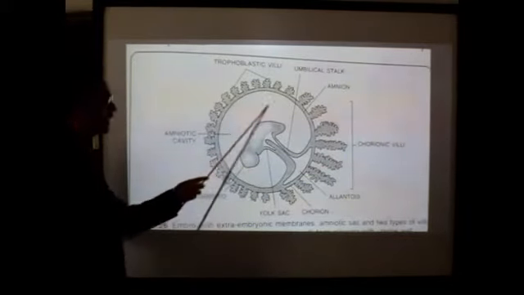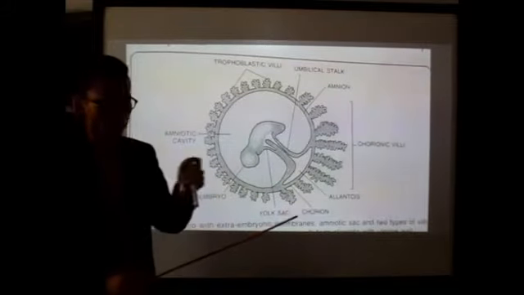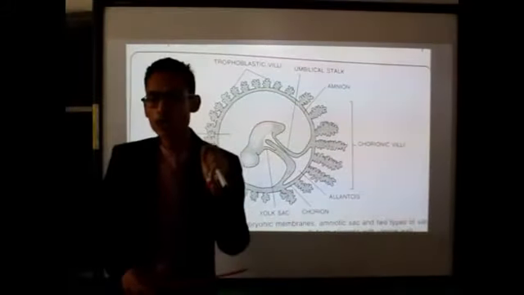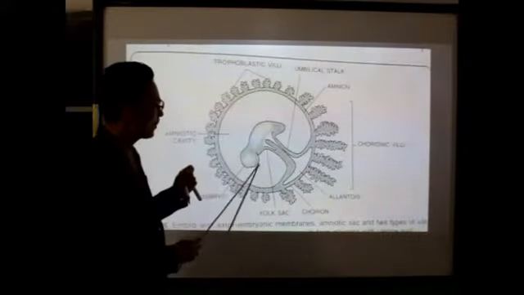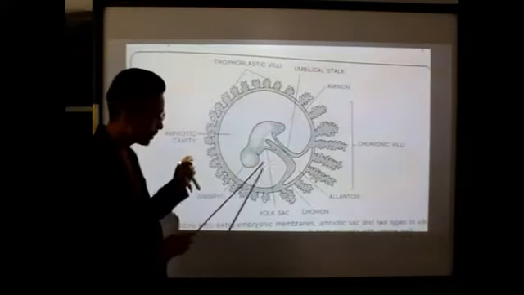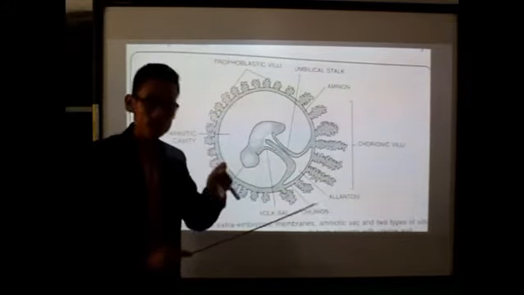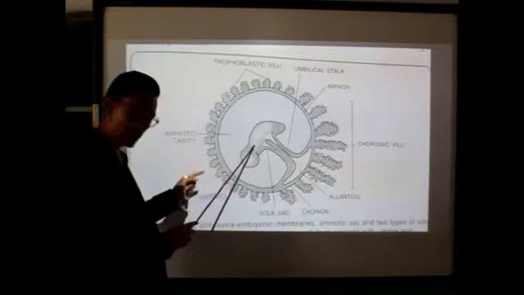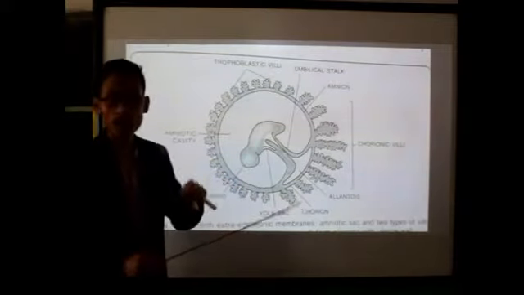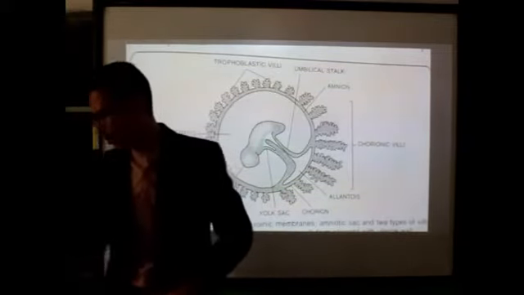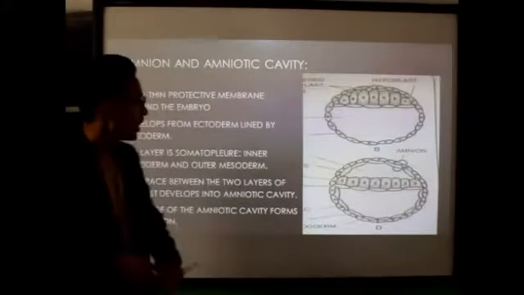In this particular cavity, we will find a fluid which will provide the aqueous medium to the developing embryo. This amniotic fluid is mainly formed or secreted from the fetal part and from the maternal part, and it provides the aqueous medium to the developing embryo.